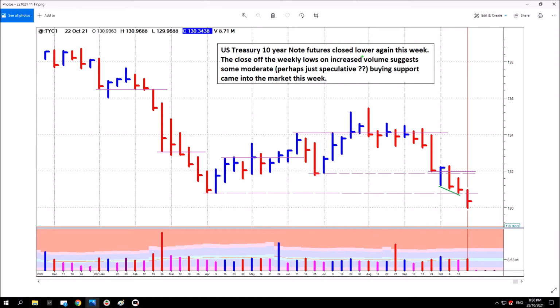Next one is the US Treasury 10-year note futures, which closed lower last week and importantly closed below these previous lows here. Whenever there's a decent penetration below previous lows, even if there's a recovery, and price this week so far looks like this, even if there's a recovery, the fact that the market was allowed to penetrate this far below the previous lows suggests a softness in the market, a weakness in the market.